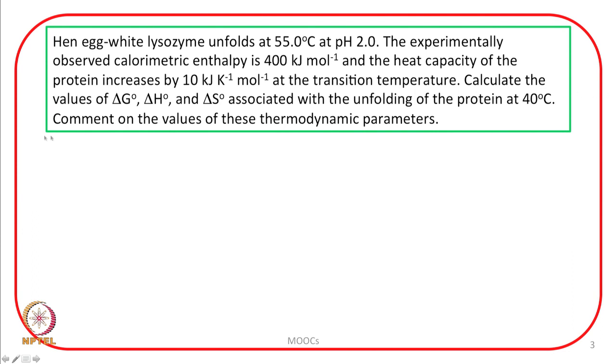Calculate the values of delta G naught, delta H naught and delta S naught associated with the unfolding of the protein at 40 degrees centigrade. Comment on the values of these thermodynamic parameters.